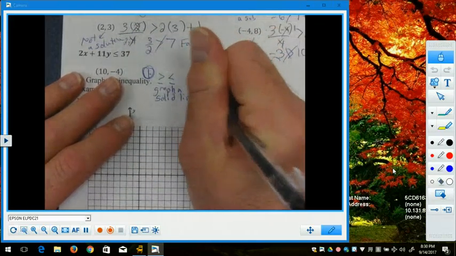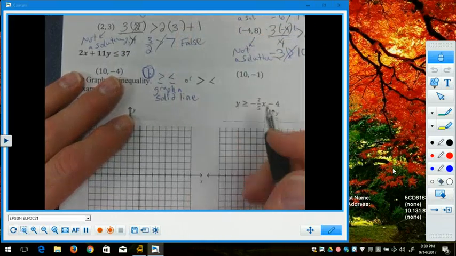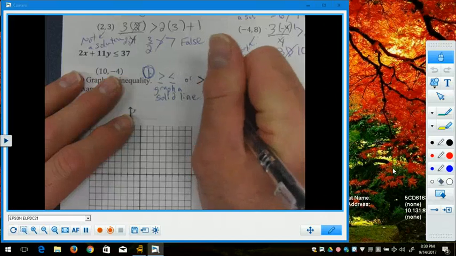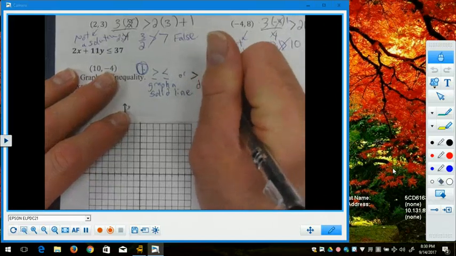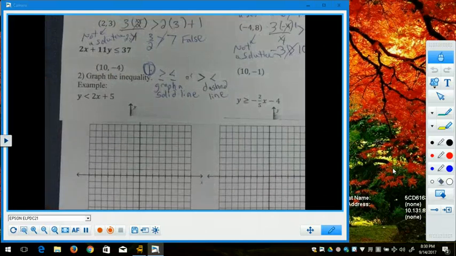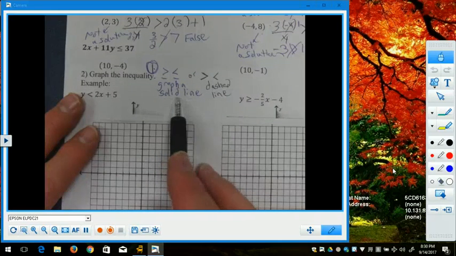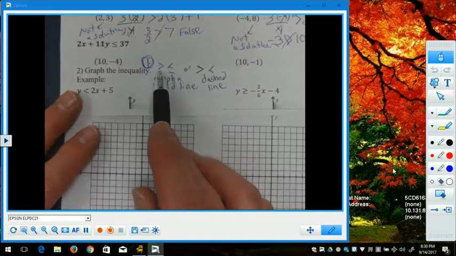Now, if it's solid bars, you're going to graph a solid line. But if it doesn't have equality, if it's strictly greater than or strictly less than, then I have to use a dotted line. I call it a dashed line, but other people call it a dotted line, to note that there isn't equality. Basically, the solid line means that every single point on that line is a solution to the line and a solution to the inequality.